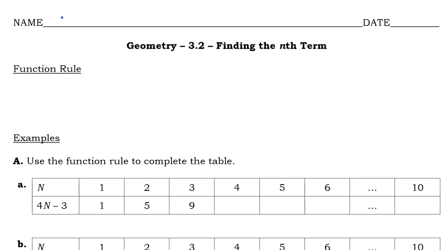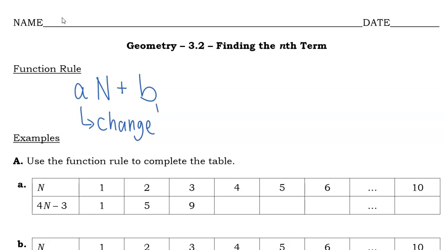The way that we're going to write our function rule is we're going to have a number by an n followed by another number. That leading term is what we're going to call the change.